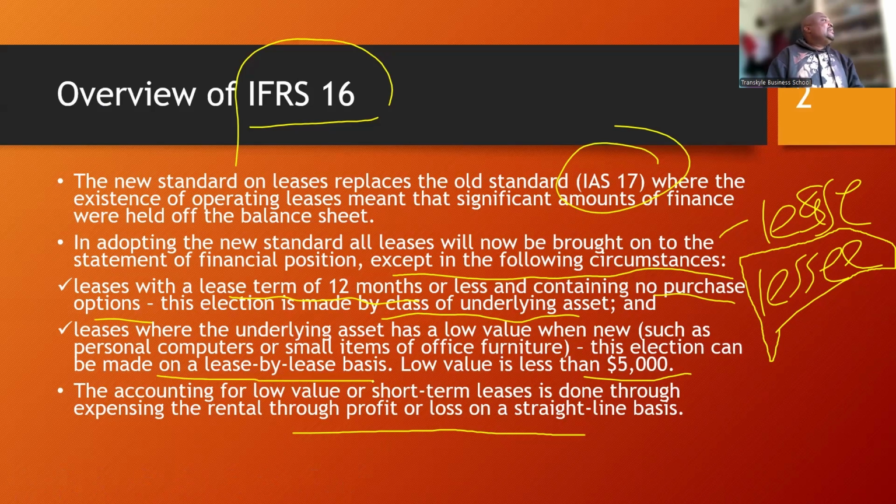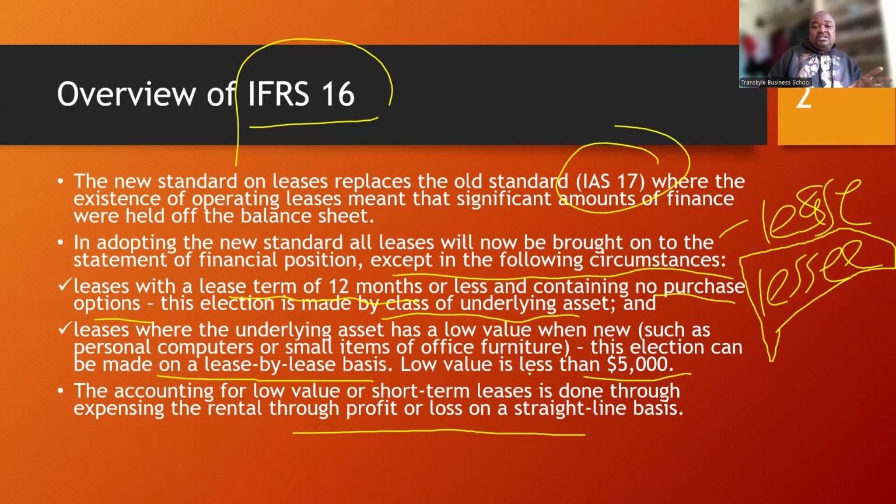On a lease by lease basis, which means that you might be having computers which you are leasing from company B and computers which you are leasing from company D. You may treat these particular computers in a different way. So that's on a lease by lease basis.